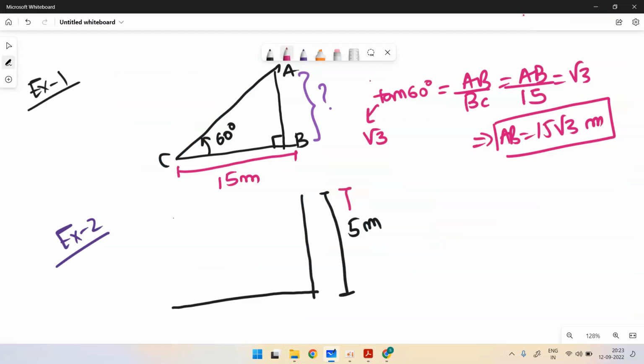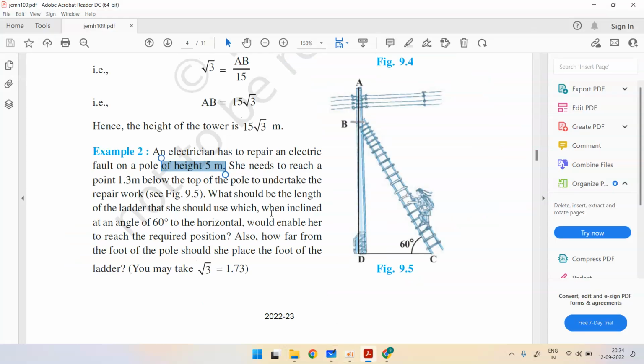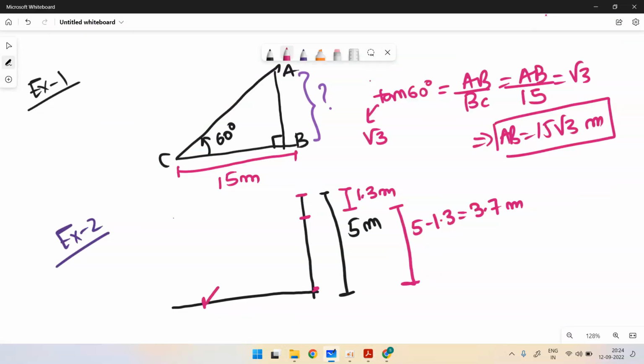So from the top we need to come down 1.3 meters, and she needs to reach here. The remaining distance will be 5 minus 1.3, which is 3.7 meters. I am marking this as my point where I need to fix my ladder. The ladder is inclined at 60 degrees, and she needs to reach this point here.